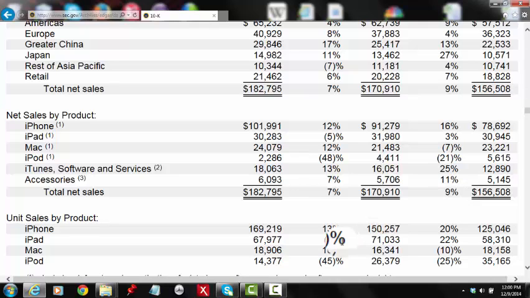So there's a little bit of pricing pressure for the company because of Samsung. And then the iPad, actually the total number of sales has gone down. Then the Mac just went up by 16%. So about 18.9 million Macs were sold, and iPod about 14.3 million.